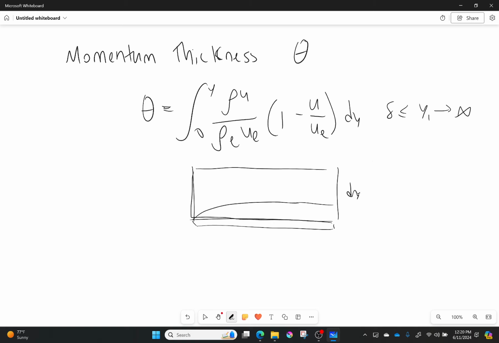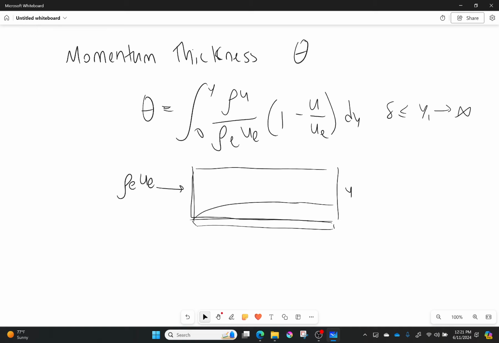This is dy, kind of. I'll just say that's y. Makes it simpler. And I have a mass flow rate that is flowing in here, which will just be rho e ue right here.